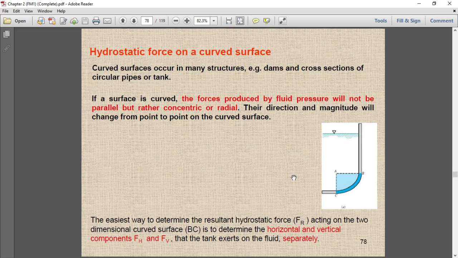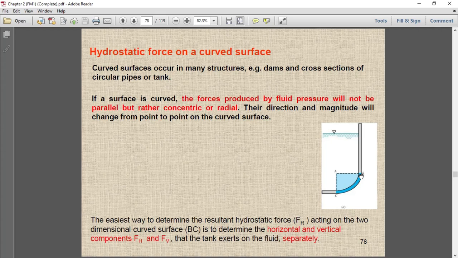Now we are going to move to the same topic but a little different: the hydrostatic force on a curved surface. As we discussed previously, if the surface is flat it is very easy. We know two different techniques to find the pressure force acting on a flat surface.